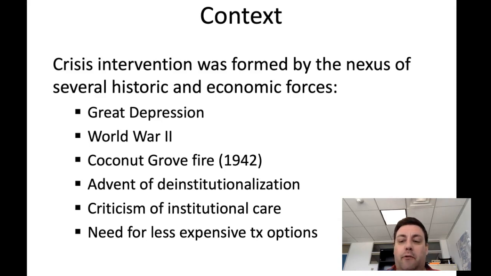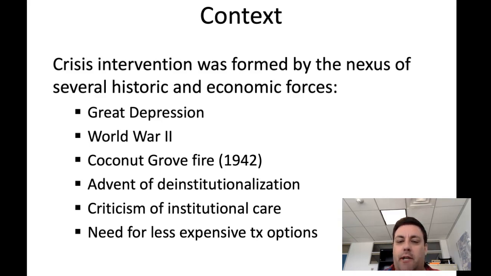So Coconut Grove was a restaurant, nightclub kind of thing, and it caught fire and part of the floor caved in from one to the other. Same thing happened at the Triangle Shirtwaist fire. Triangle Shirtwaist was in the northeast. They made shirts and the building caught fire. So these were much more acute crises, and these were things that Gerald Caplan was thinking about.